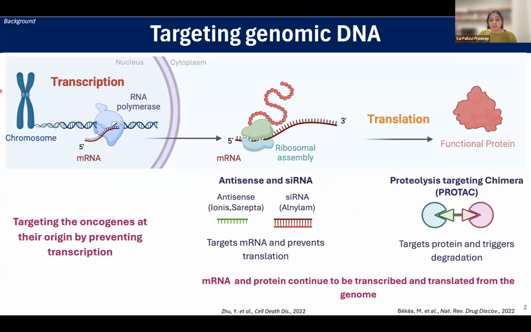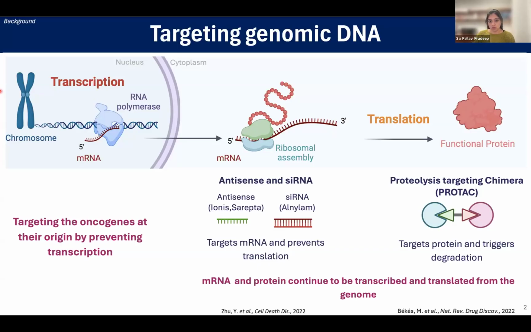In recent years, there have been a lot of developments specifically in targeting mRNA as well as protein. But when it comes to cancer, the main culprit in all of this is the mutations that occur in the genomic DNA. And in my project, we were trying to come up with an appropriate treatment which targets the genomic DNA and can aid cancer therapy.